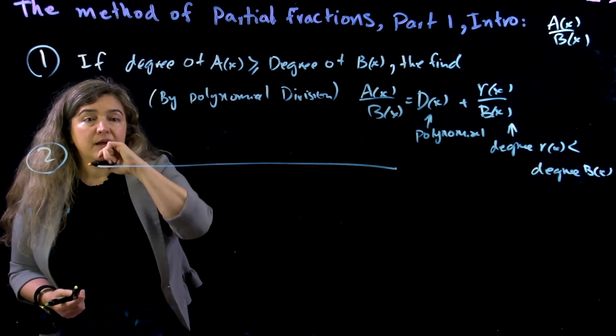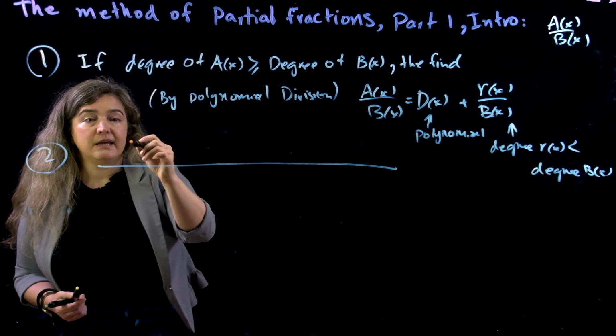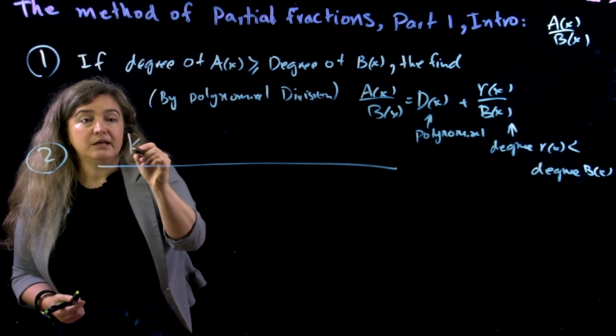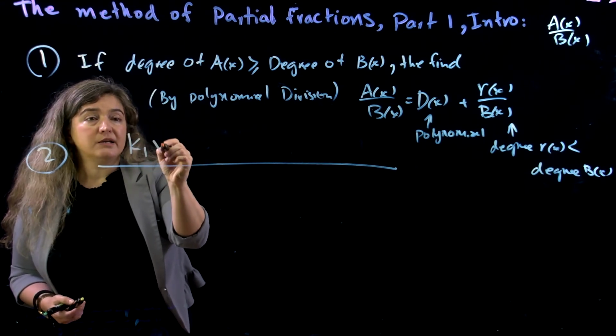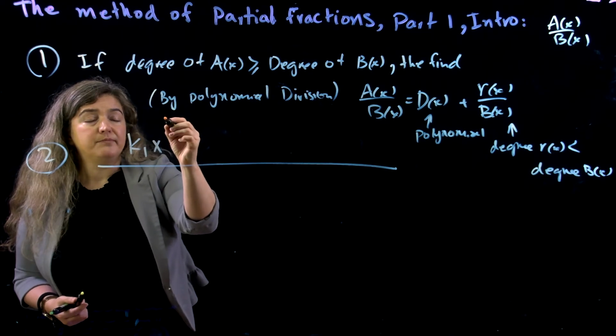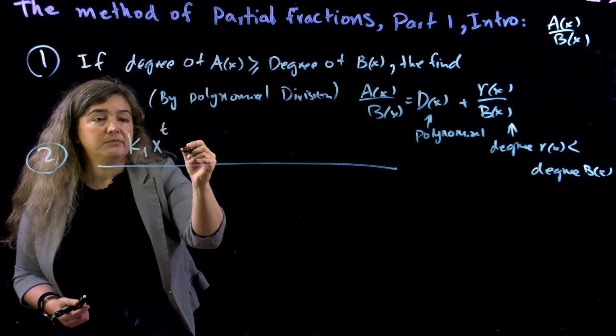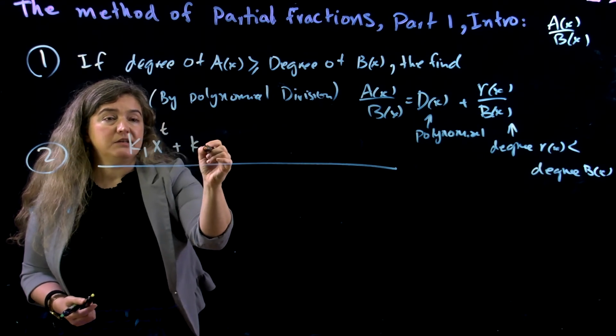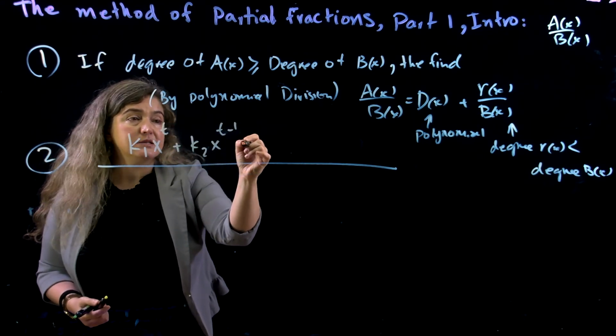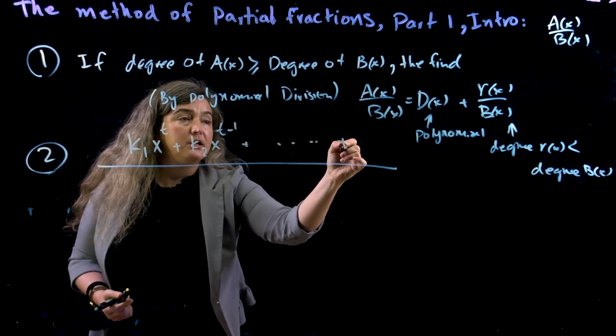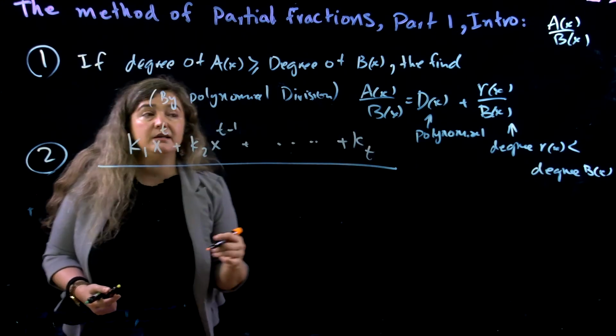You can write the numerator as, let's say, k1 x to the power t plus k2 x to the power t minus 1 all the way to kt.